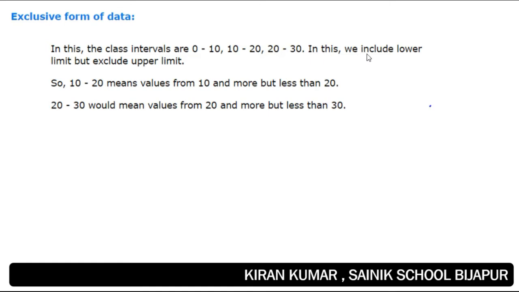In this, we include the lower limit but exclude the upper limit. So 10 to 20 means that the value is from 10 and more but less than 20. 20 to 30 refers to values from 20 and more but less than 30.